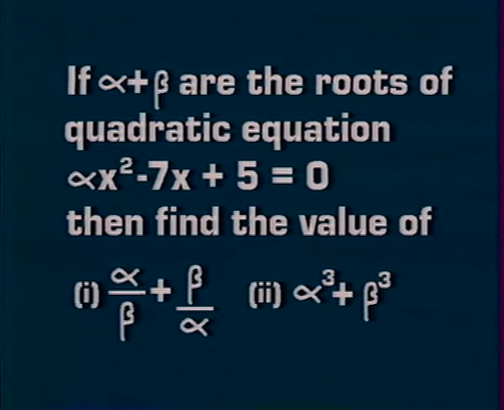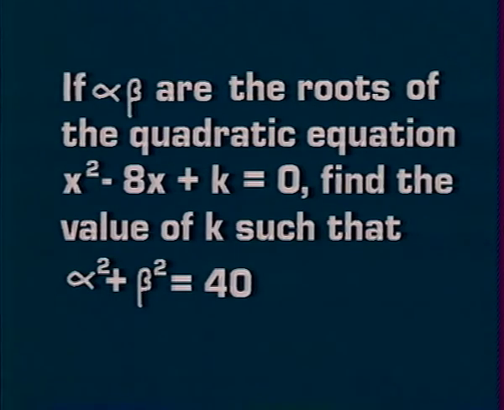Next question: if alpha and beta are the roots of the quadratic equation 2x square minus 7x plus 5 equal to 0, then find the value of alpha upon beta plus beta upon alpha. Also find the value of alpha cube plus beta cube.